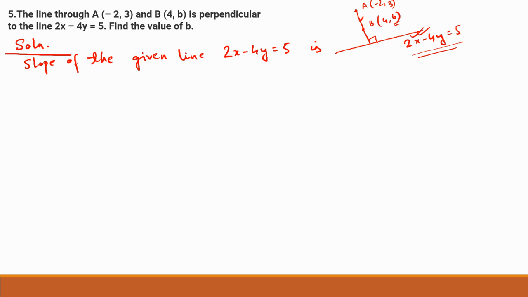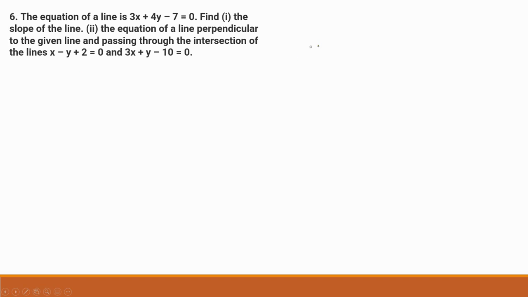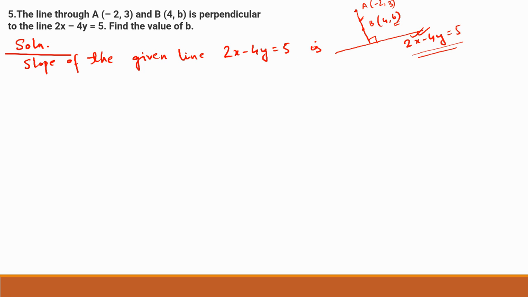Or you can write, or you can simply do this thing. Slope of the given line, slope of the line this, or just change the expression here itself. 4y equals 2x minus 5, or y equals half x minus 5 by 4.